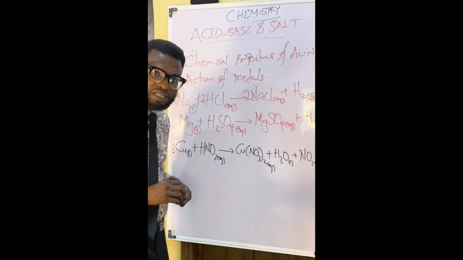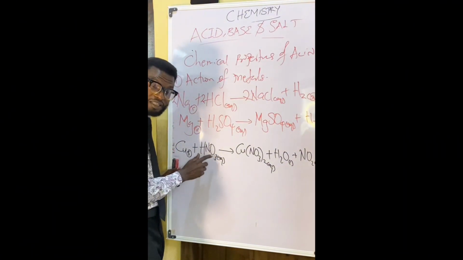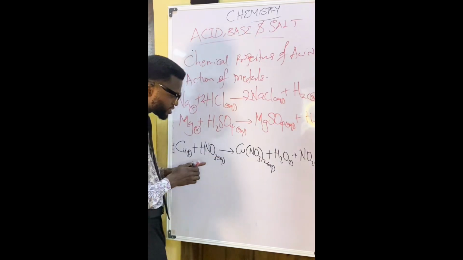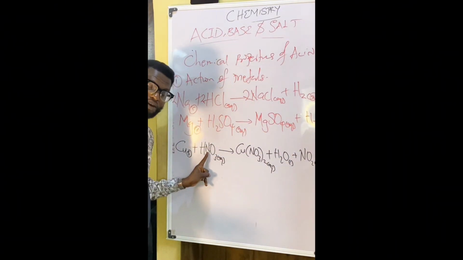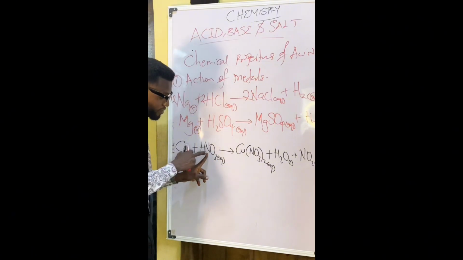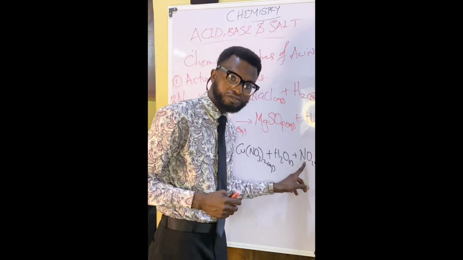What does that demonstrate? It demonstrates the singular fact that trioxonitrate 5 acid is exceptionally an oxidizing agent, but simultaneously it is reduced from the oxidation state of +5, remember trioxonitrate 5 acid, to +4 nitrogen 4 oxide.